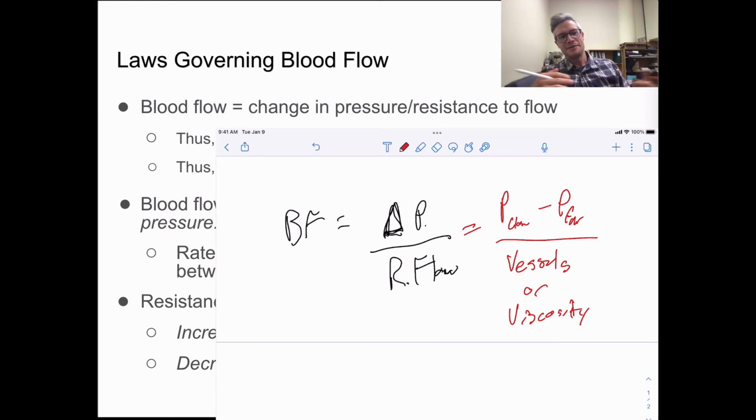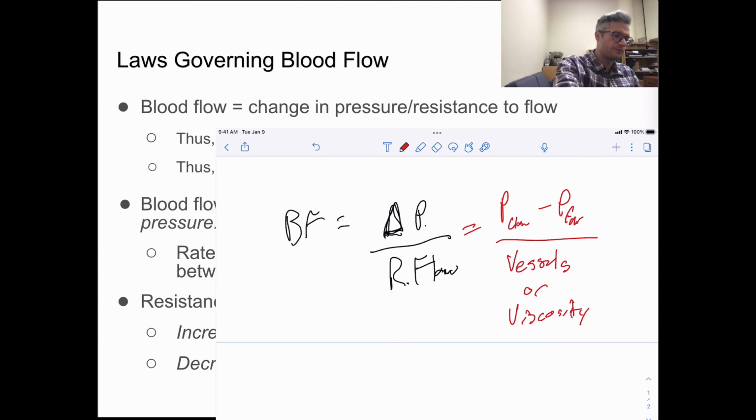If you have a bunch of food off your plates that gets into the sink, and you're trying to get the food to go through the drain and through the pipes, it's going to be a lot harder to get everything to flow down the pipes, right? So you're going to need more pressure. Okay, so that describes blood flow and what happens here.